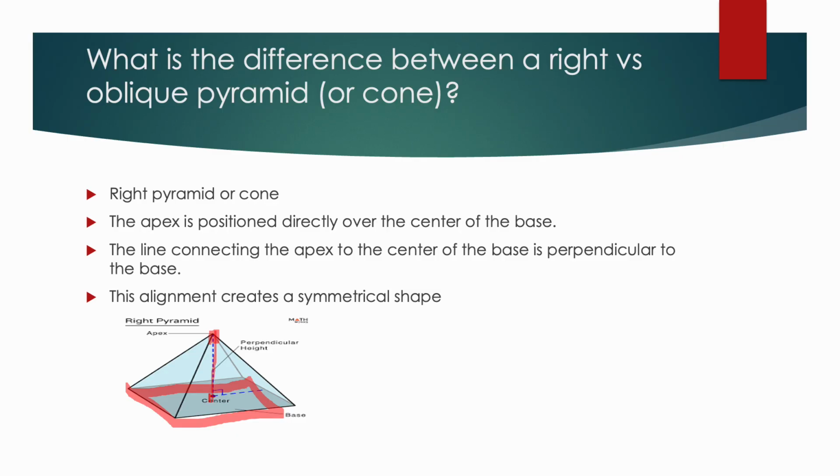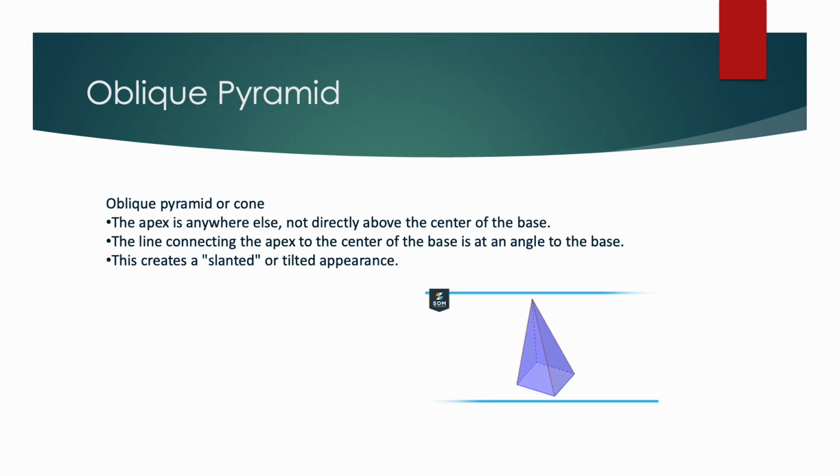Now, that alignment creates a symmetrical shape, whereas the oblique pyramid has the apex anywhere else, but never directly above the center of the base. So this line connecting the apex to the center is at an angle. If I just follow that line down, it looks slanted or tilted in its appearance.